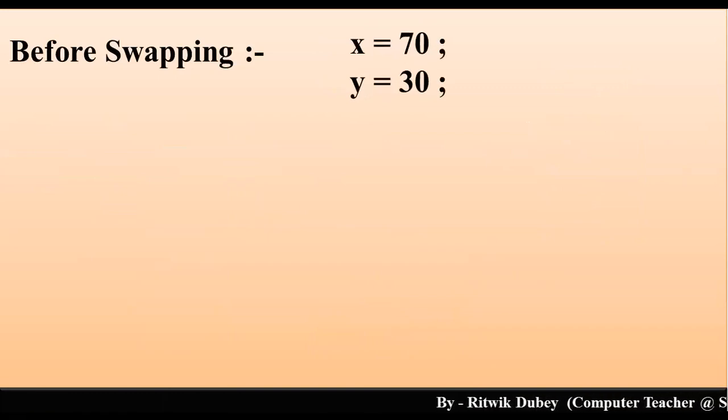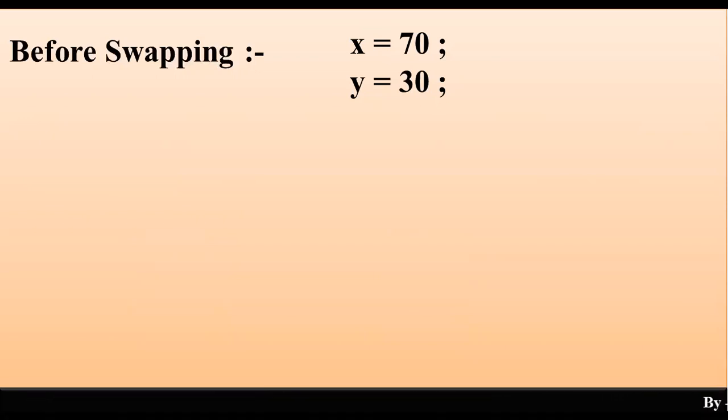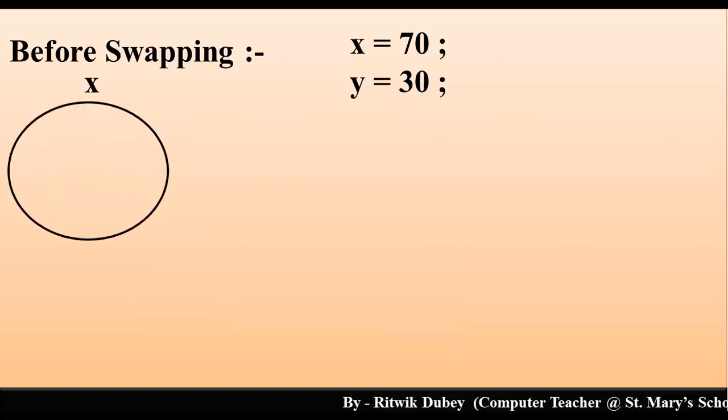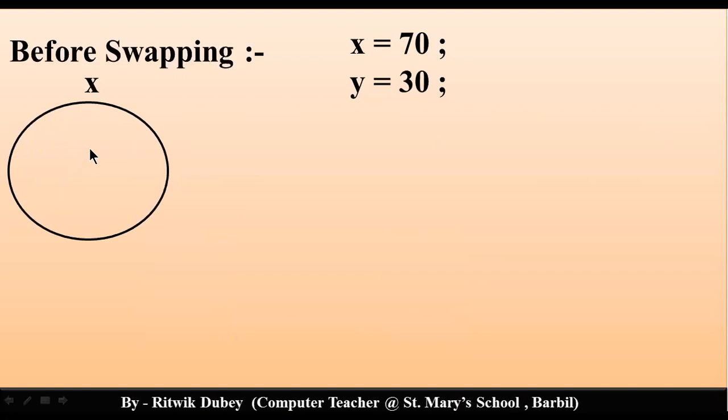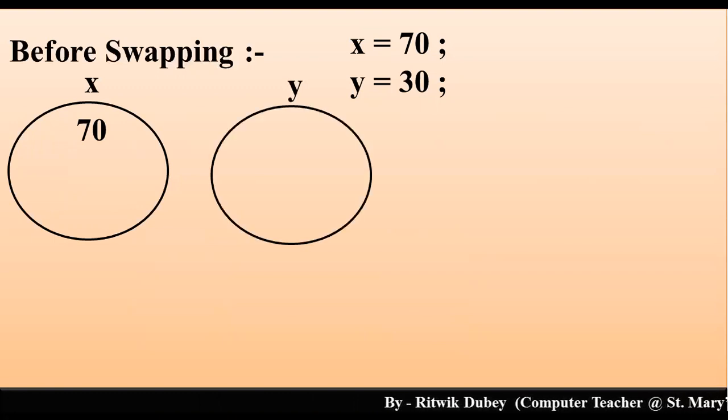How? Listen carefully. Before swapping, suppose x is equal to 70 and y is equal to 30. Assume this is the memory location for variable x and the value within x is 70, and this is the memory location for variable y and the value within y is 30.